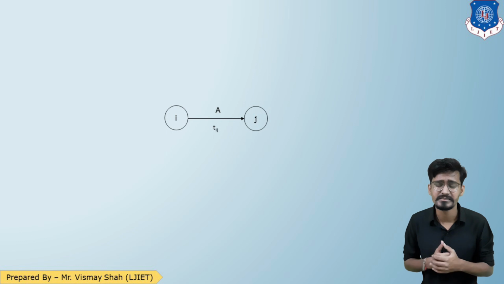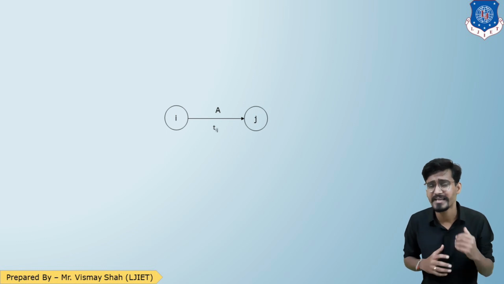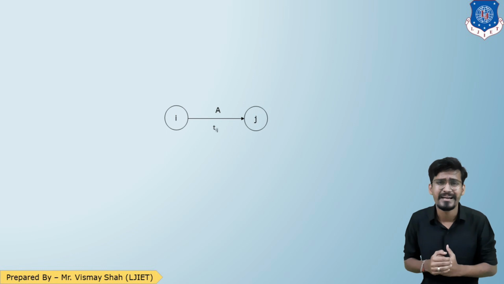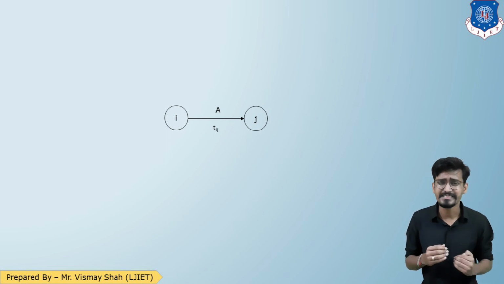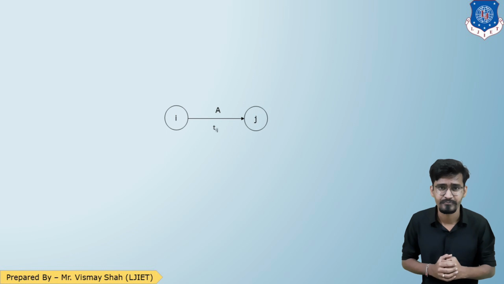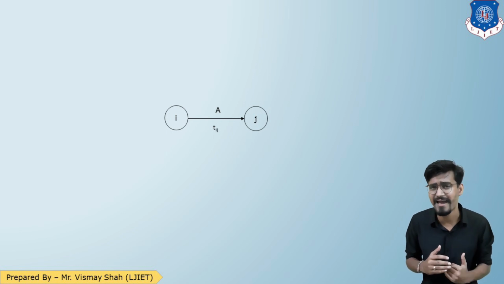Now students, here I would like to mention a point: in cricket, when the first over is being bowled, it starts with 0, 0.1, 0.2, and then the sixth ball is named as over number 1. That is how in a project the first activity starts on the 0th day. So if i is the first event, then it will start at point 0. So for the first event, the earliest occurrence time will be 0 because that is the first.